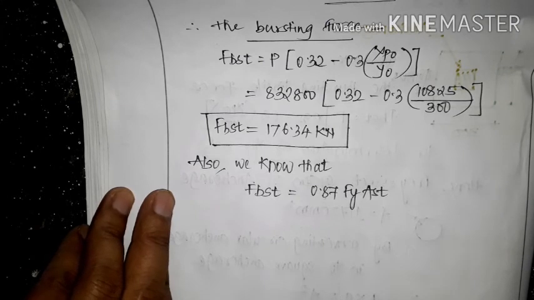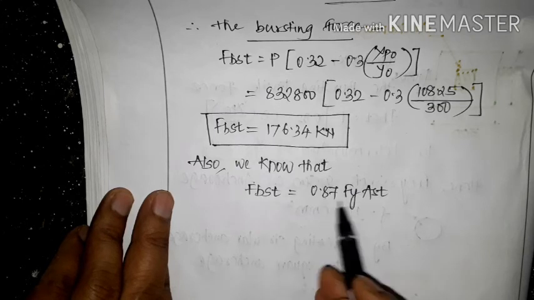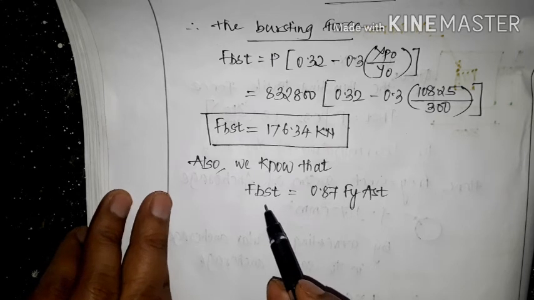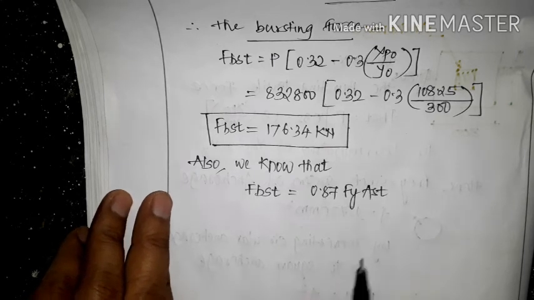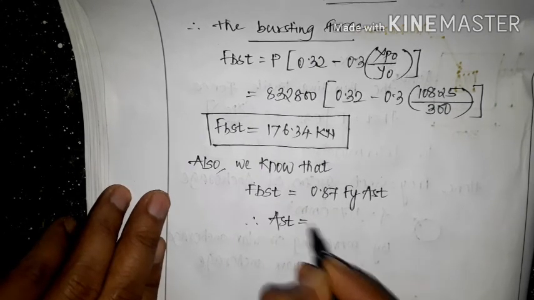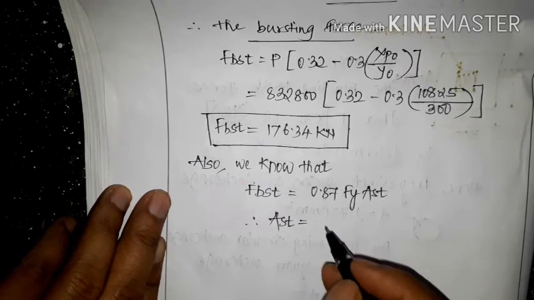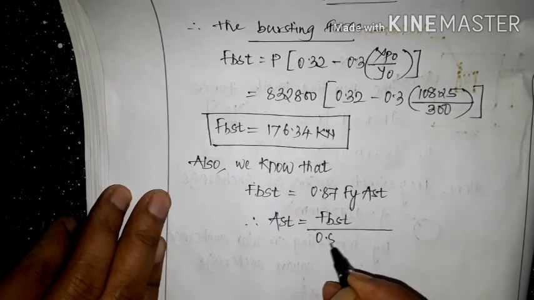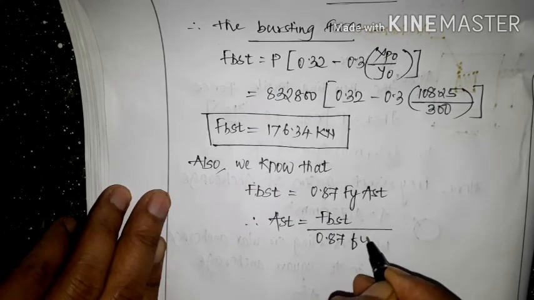Understood? Like in RCC we did TU equal to 0.87 Fy into AST. TU is nothing but the bursting force here which will develop tension. So FBST is equal to 0.87 Fy AST. Therefore from this we can easily get AST equal to FBST divided by 0.87 Fy.